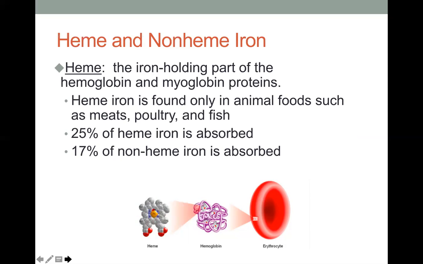In animal foods, we find heme iron, and in plant foods, we find non-heme iron. Animal foods also contain non-heme iron, but they have a significant source of heme iron. And the reason that it matters is because we absorb more heme iron than we do non-heme iron. So when we eat animal foods, we absorb more iron than when we eat plant foods.